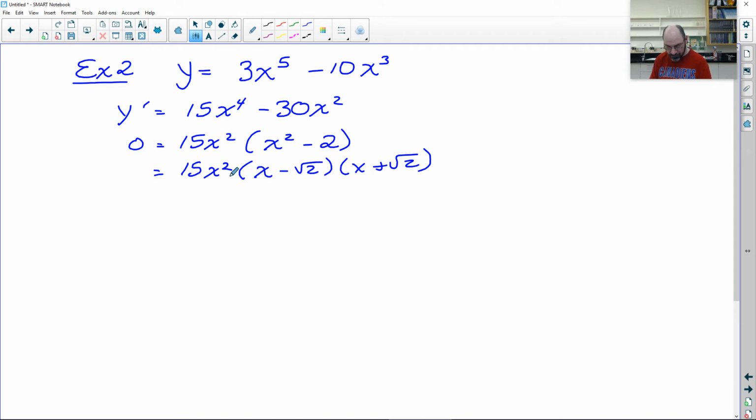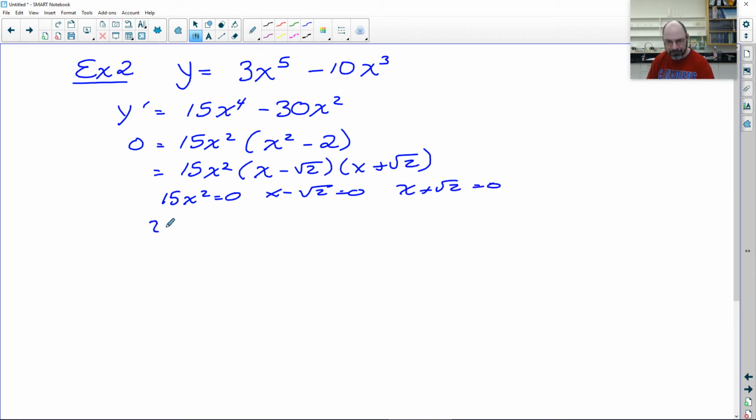If we want to use decimals like we did last time, let's go ahead and say that 15x squared equals 0, x minus root 2 equals 0, and x plus root 2 equals 0.